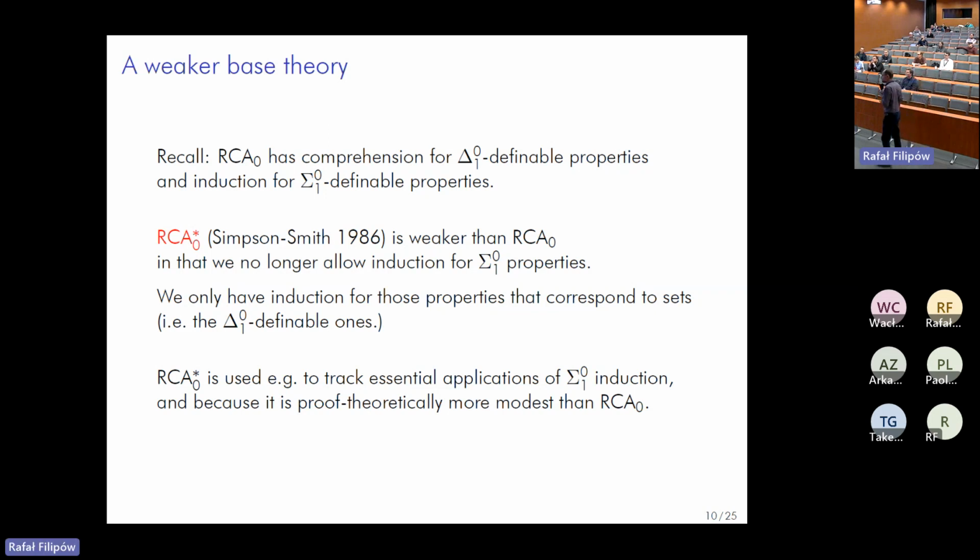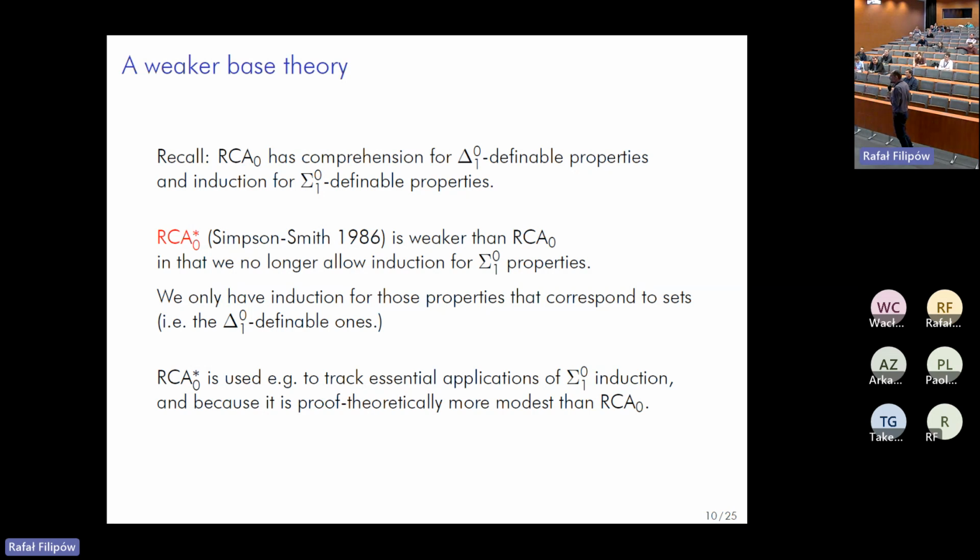You will see why that's inconvenient in actually doing mathematics when you disallow the Σ^0_1 induction, but it's useful for various reasons. Maybe it's more philosophically coherent in some sense: you have that much comprehension, so you should have that much induction. You don't have induction for properties that are not sets.